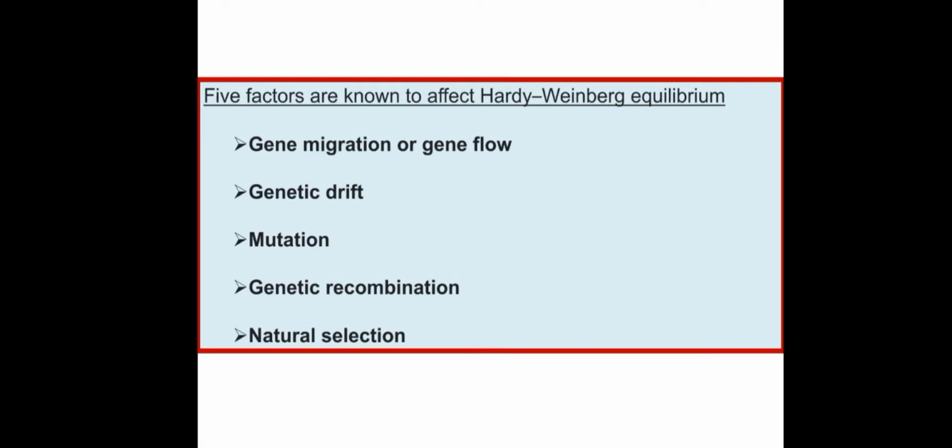Next, genetic drift, mutation, genetic recombination, and natural selection. These 5 factors are known to affect Hardy-Weinberg equilibrium. How does it happen? Let's see.